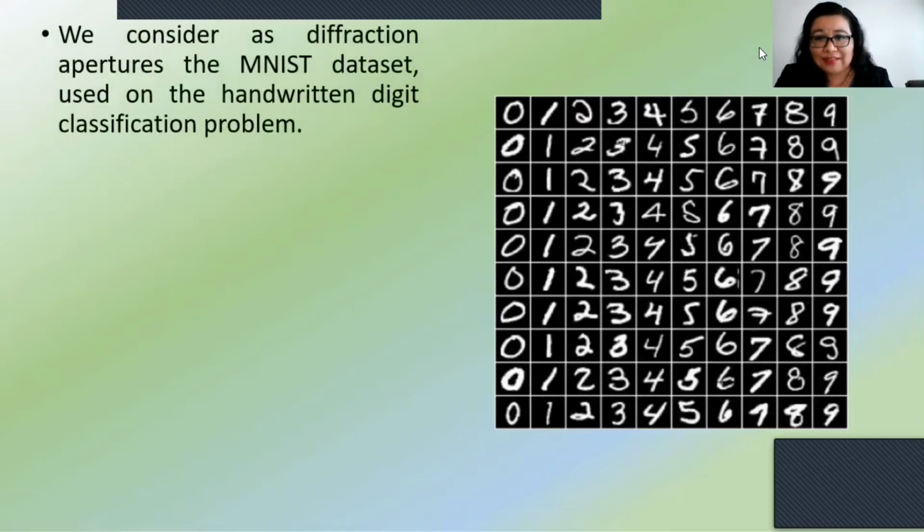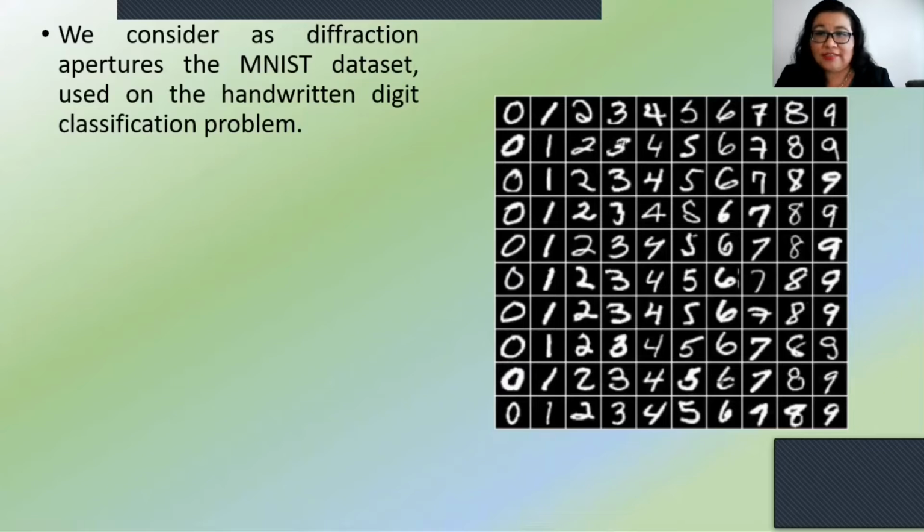The dataset consists of 60,000 training examples and 10,000 test examples of handwritten digits from 0 to 9, written by different people to avoid correlations.